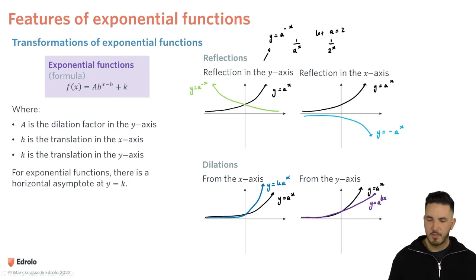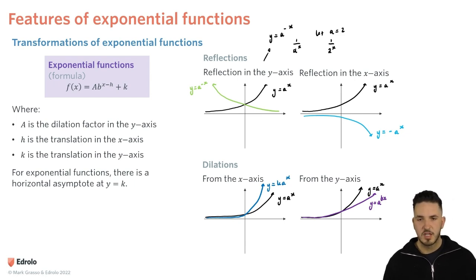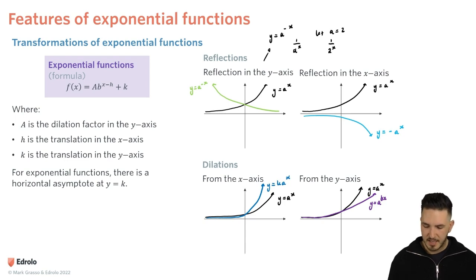So essentially, from the y-axis, if that b value gets bigger, we're stretching it away from the y-axis. So from the x-axis, you're pulling it away from or towards the axis, and from the y-axis, you're pulling it away from or towards the y-axis, and it's going to be affecting your x values, whereas from the x-axis it will be affecting your y values. So it's sort of the opposite. And it's another way of thinking about the transformations of these particular graphs.